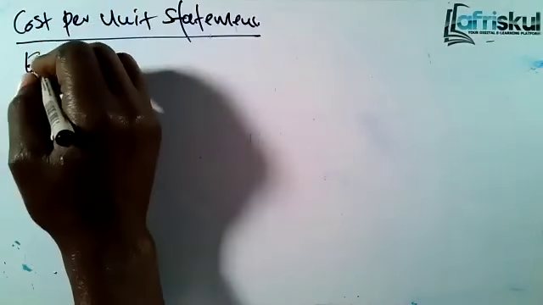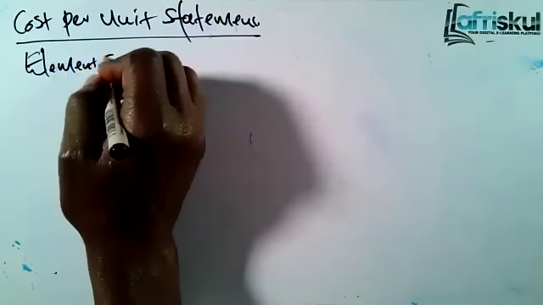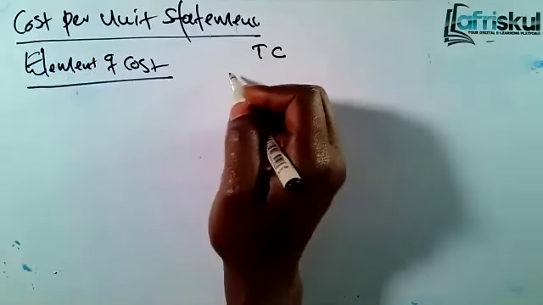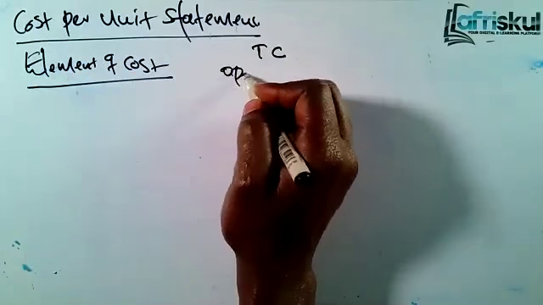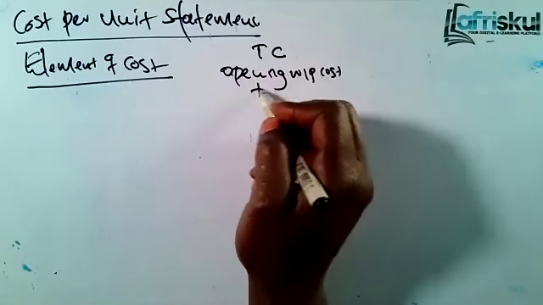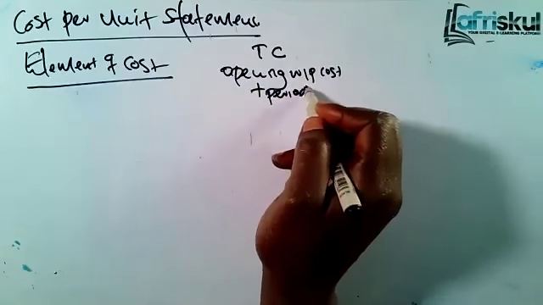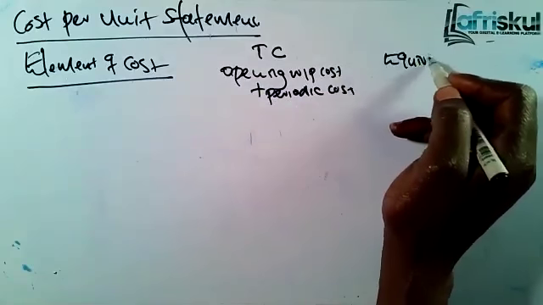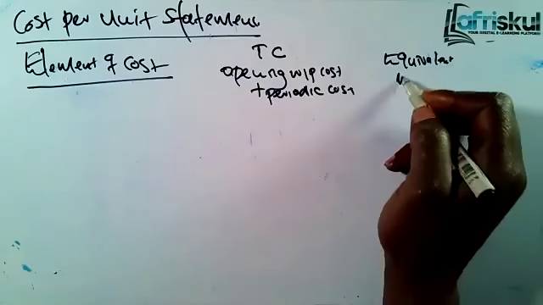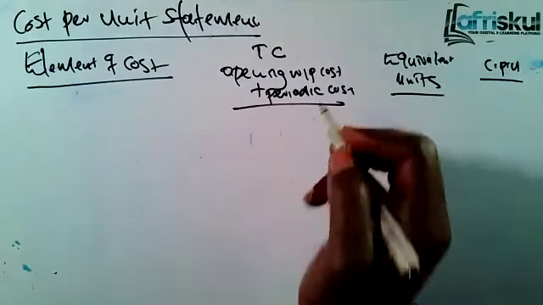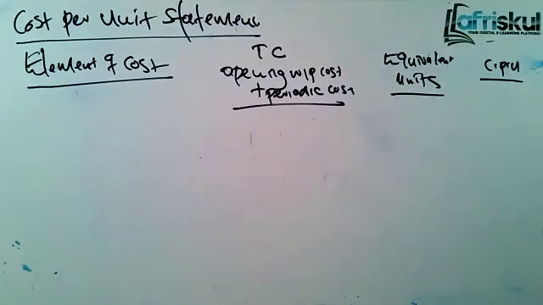Here we have the element of cost, which is total cost, that is opening WIP cost plus periodic cost, then the equivalent units, and then the cost per unit.